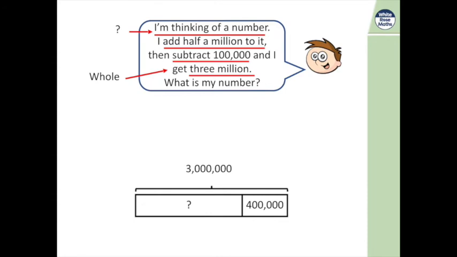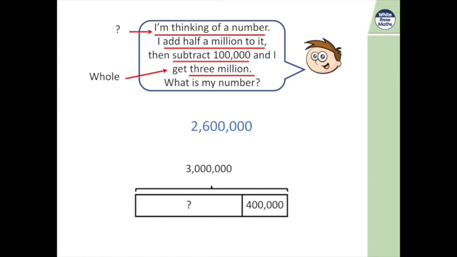Think back to our part-whole models. We now know that something plus 400,000 equals 3 million. So let's use the inverse. If we subtract 400,000 away from 3 million, we should be left with our part, because whole minus the part equals the part. Part plus the part equals the whole.